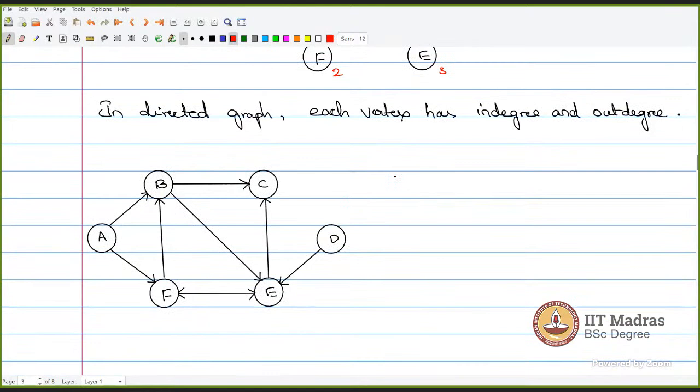In degree means the number of edges that come towards the vertex, simply the number of incoming edges.